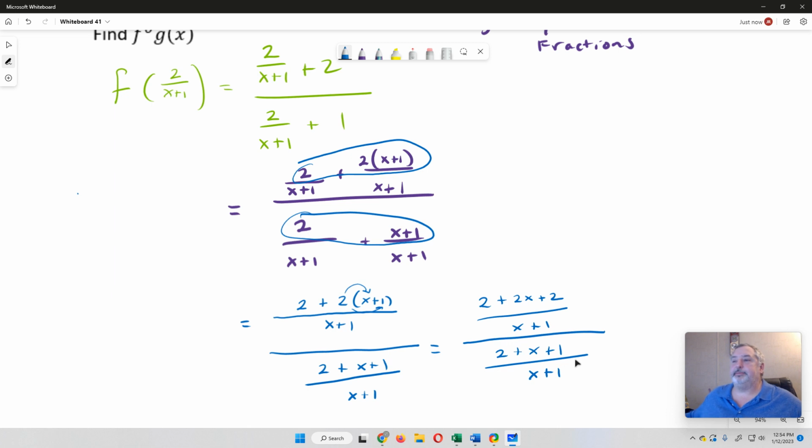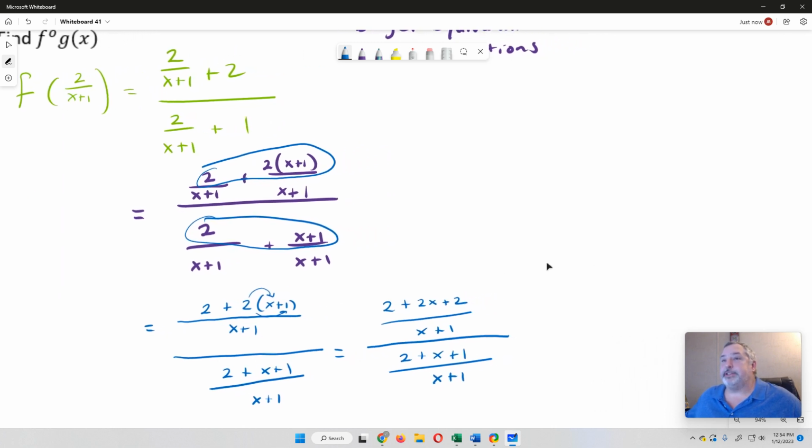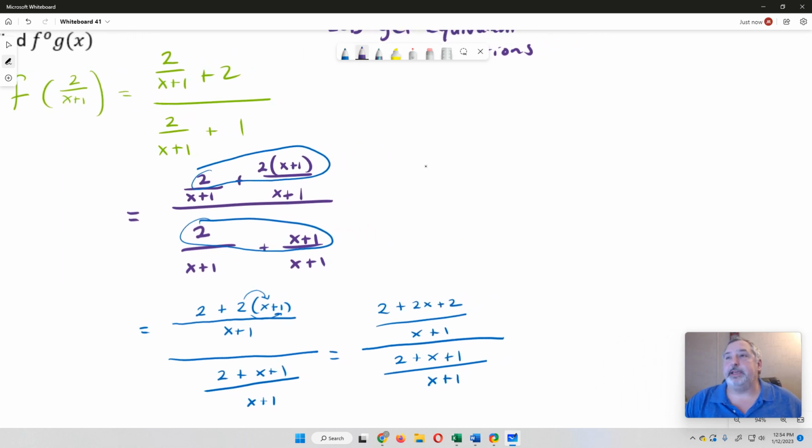Now we're just going to simplify those fractions as best we can. In the numerator of the first fraction, that becomes 4 plus 2x over x plus 1. And the numerator of the denominator fraction becomes 3 plus x, all over x plus 1.